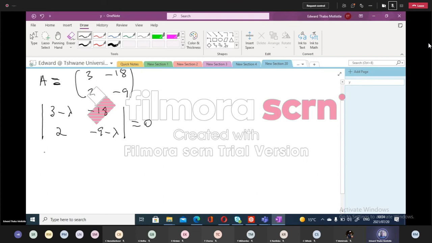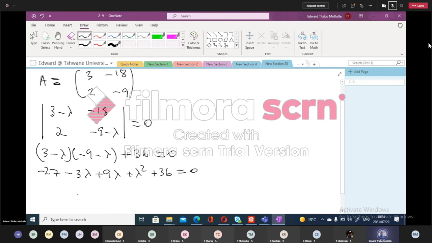So we have (3 minus lambda)(minus 9 minus lambda) plus 36 equals to 0. Now we multiply, we have minus 27 minus 3 lambda plus 9 lambda plus lambda squared plus 36 equals to 0.